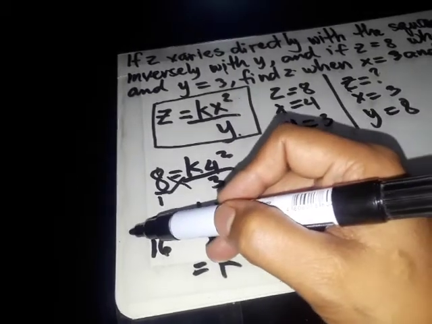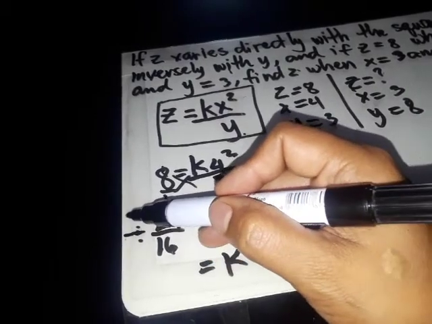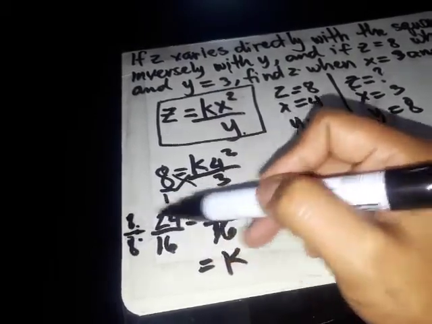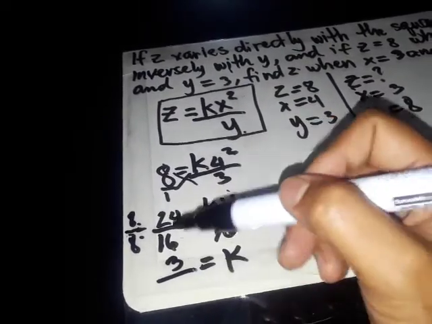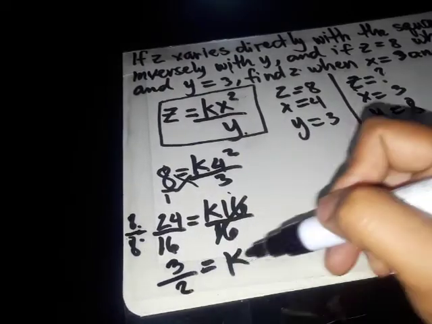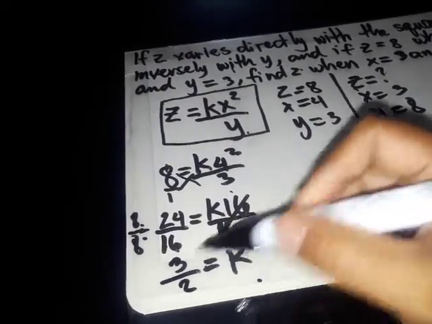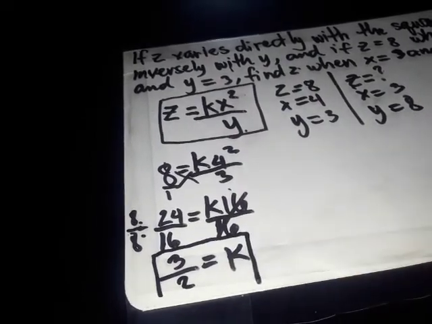Okay? So, if we divide both numerator and denominator with 8, so 24 divided by 8 is 3. 16 divided by 8 is equal to 2. So, ang ating k ngayon ay 3 halves. Okay? Yan. So, meron na tayong k.